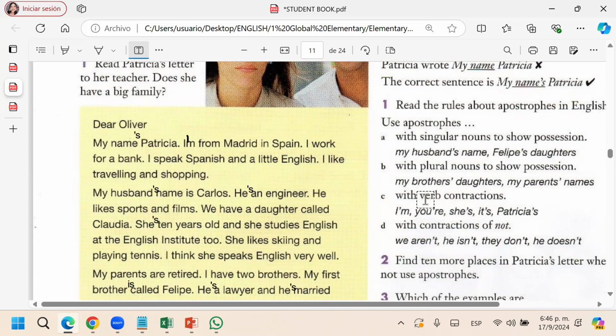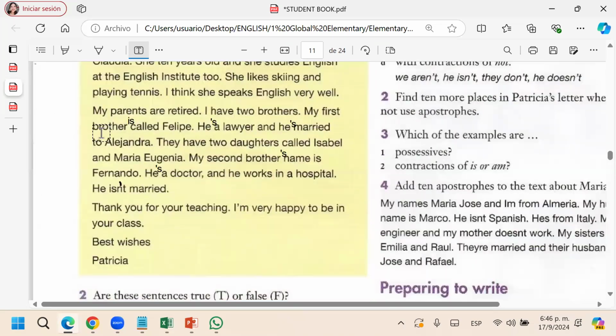She's 10 years old and she studies English at the English Institute too. She likes skiing and playing tennis. I think she speaks English very well.